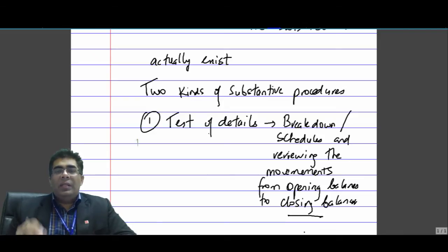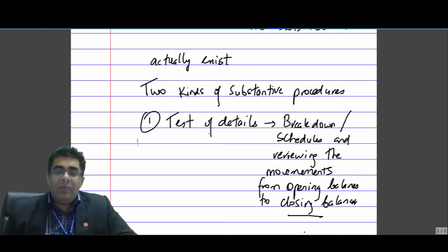So this will say, oh, that's how the movement is, and you're supposed to review the movement, meaning you're supposed to see whether the opening balances are accurate, whether the additions have been vouched to the source documents, whether the disposal has been actually removed from the non-current asset register. This is basically test of detail.